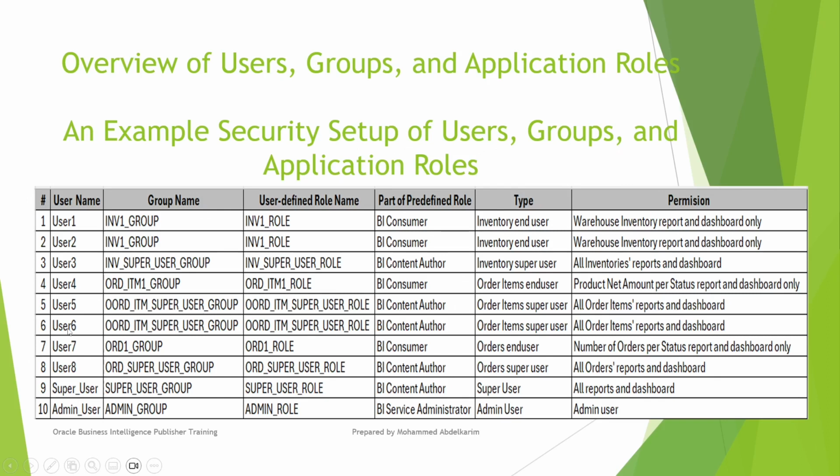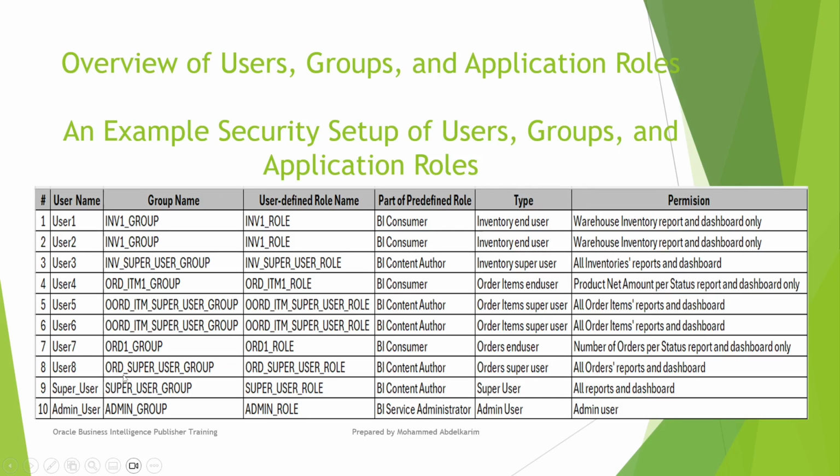User 6 will be the same. User 7 will be granted the order 1 group, will be part of the order 1 role, and he will be granted BI consumer. He is an orders end user and will only be able to view the number of orders per status report and dashboard only.